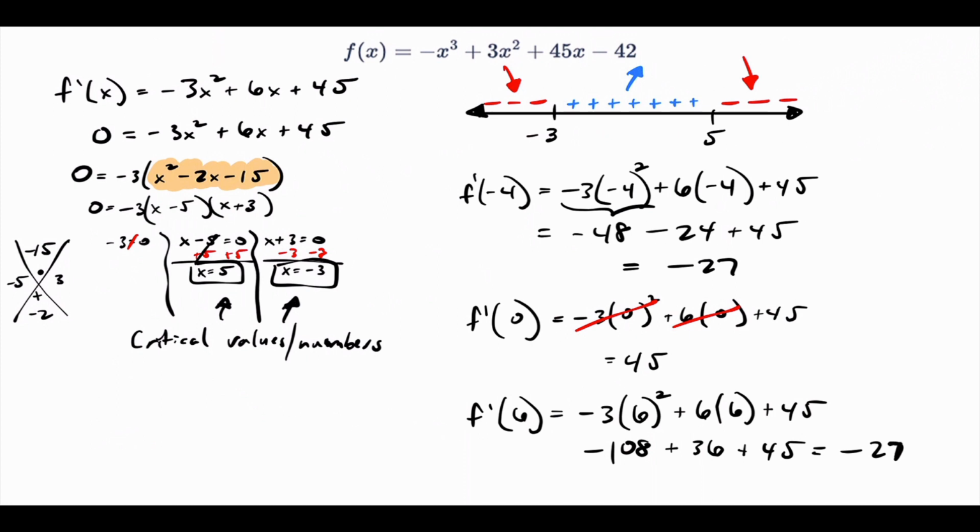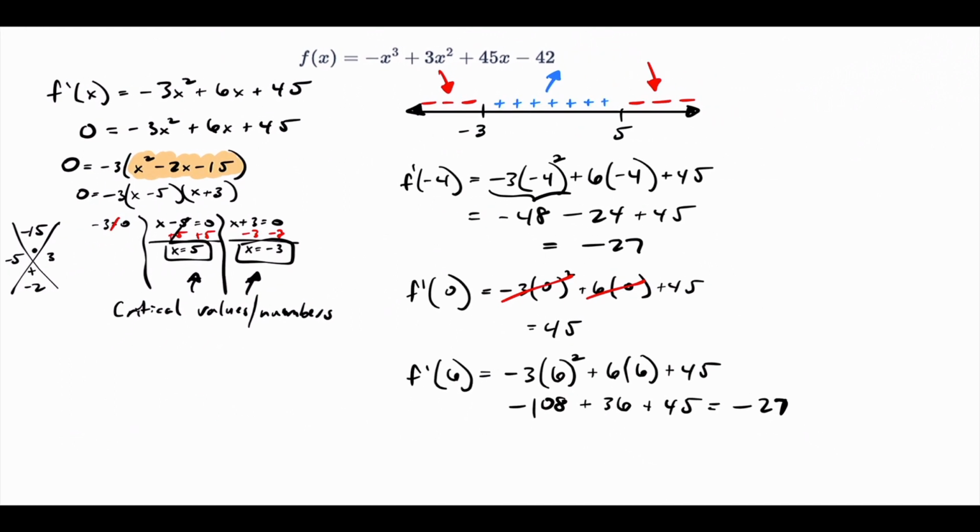Okay. All right, so now we have enough information to figure out where it is decreasing, where is a maximum or minimum. Well, where is a minimum going to be? When x equals negative 3, because it was decreasing before negative 3, and then it changed to increasing at negative 3.